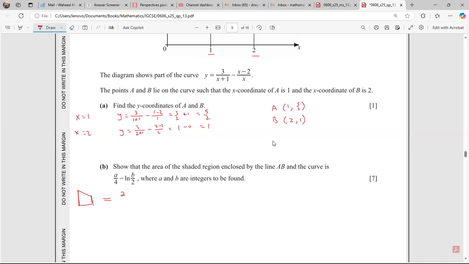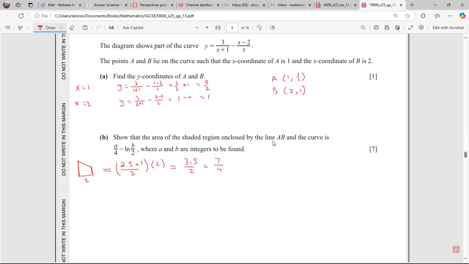So it is 2.5 plus 1 over 2, and the second side is just 1. So this will give you the area. 2.5 plus 1 is 3.5 by 2, so we can say this is 7 by 4. Now this is the area of the trapezoid.